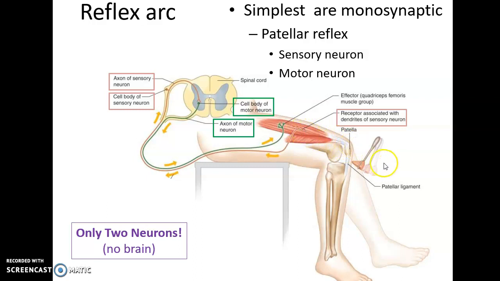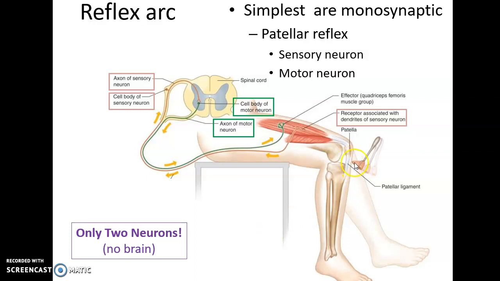The stretching is the sensation, the stimulus, and then the sensory neuron will carry that information to the spinal cord, where it will synapse with a motor neuron that will then send the command to the quadriceps femoris muscle group, causing the kick to occur. So only 2 neurons are involved, no brain. The brain is not needed for the patellar reflex.